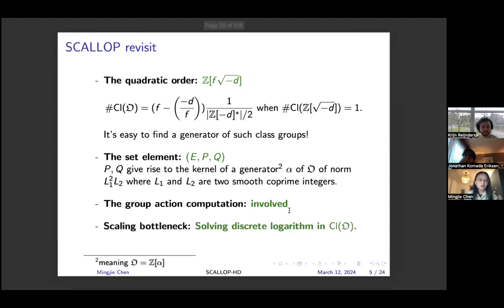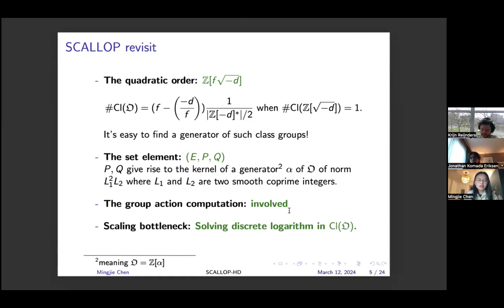And finally, about the scaling behavior of SCALLOP. SCALLOP resolves the scaling difficulty that was caused by computing the class group. However, it's facing a new scaling bottleneck, which is solving discrete log in the ideal class group.